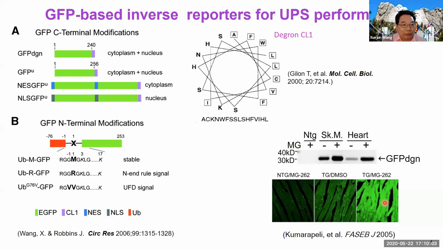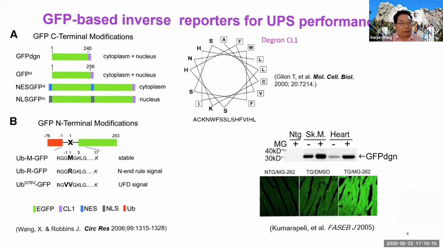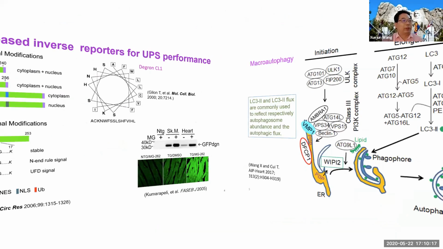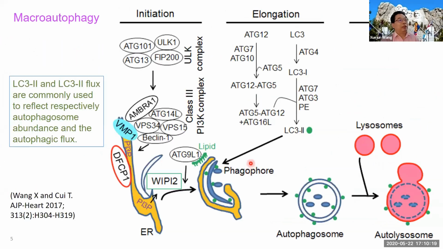As expected, when you inhibit the proteasome, the GFP accumulates in the tissue. These tools have played a very important role in unveiling UPS malfunction in the heart and other tissues and organs as well.